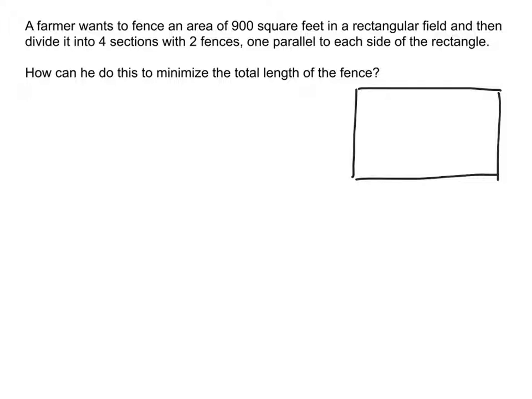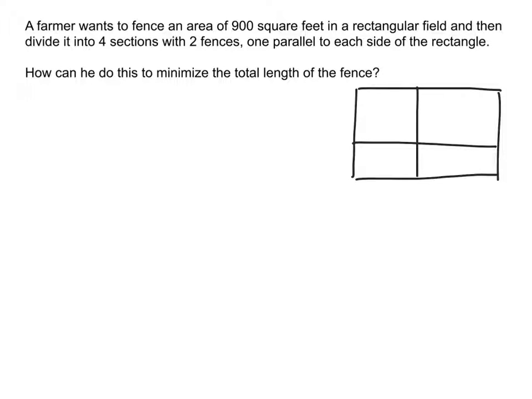Now there's different ways to divide it up into 4 sections with 2 fences. But notice we're told very specifically here that we wanted to go with those extra fences for them to be one parallel to each side of the rectangle. So that means I need one parallel to those sides, and I need one parallel to those sides.